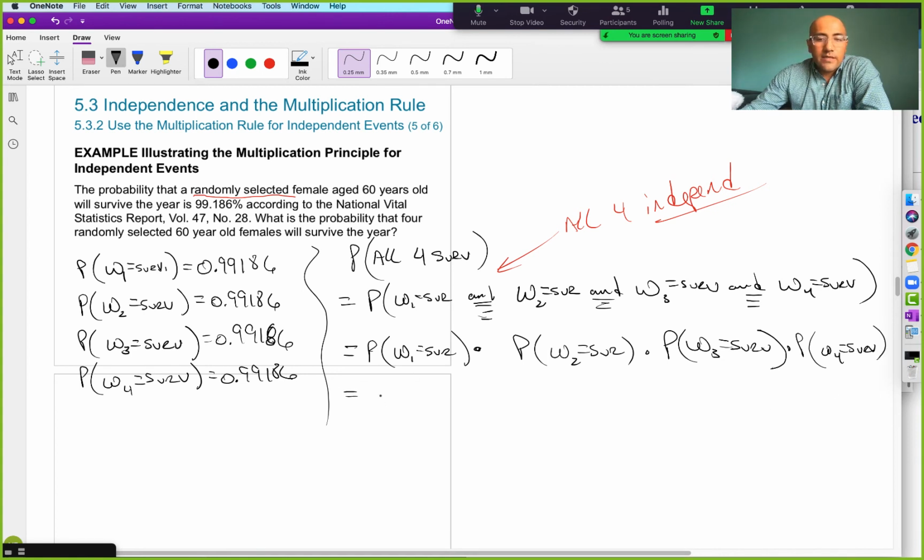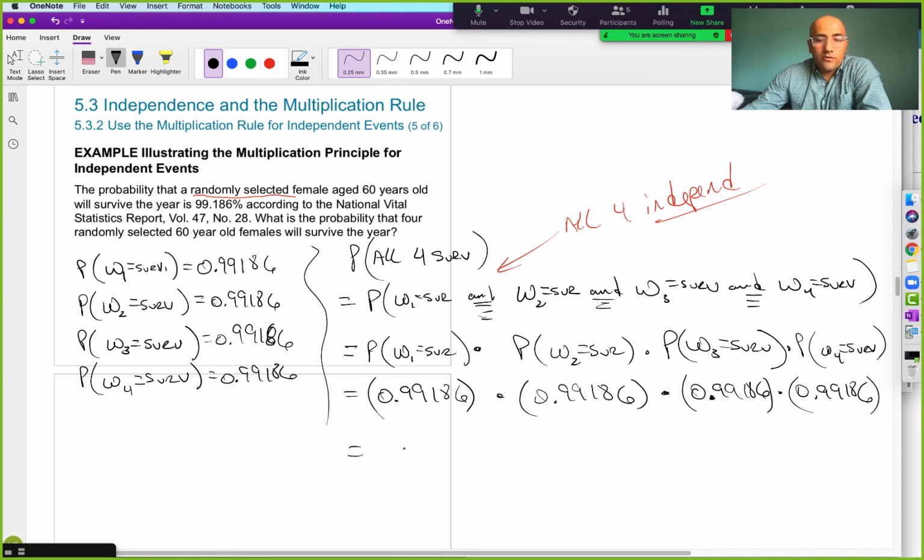Now each one of these happens to be the exact same probability, 0.99186, times 0.99186 times 0.99186 times 0.99186. And I'm going to wrap each in parentheses because with so many, the decimal and the multiplication indicator get confusing. There's 4 of them being multiplied, and they're all identical. So another thing we could do is write it using exponents this way. This is equal to this raised to the power of 4.